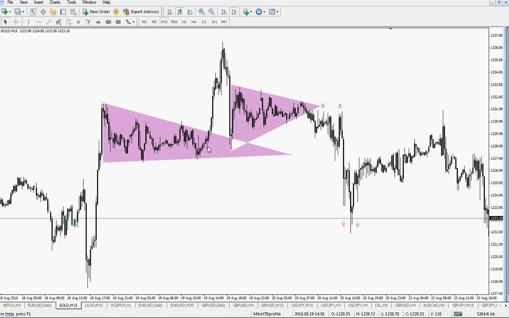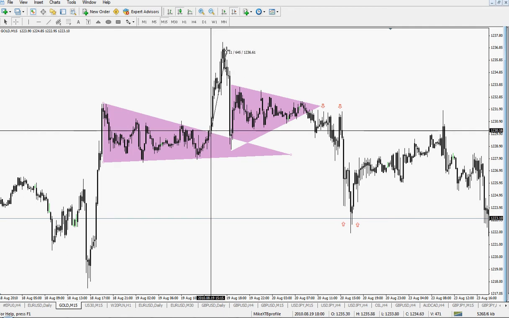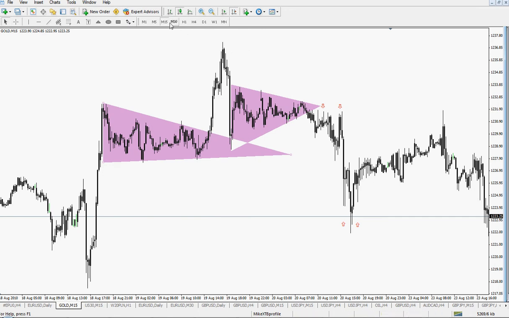Those moves, for example, on a daily chart, if it would be a daily chart, it can look exactly the same. Candles look the same. This move would probably be like 500 pips or something like that. Here it is only 65 pips because it's a 15-minute chart, so you see the difference.